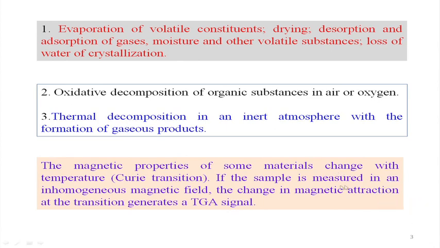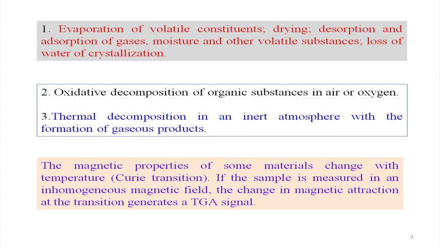And one more interesting property of this TGA measurement, because we are talking about all these in relation to TGA measurement, and we have introduced the corresponding thermobalance. So, how can we monitor the magnetic properties?